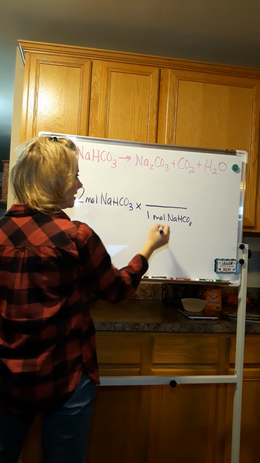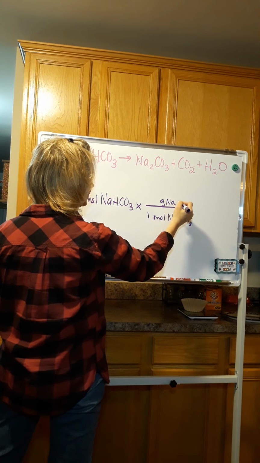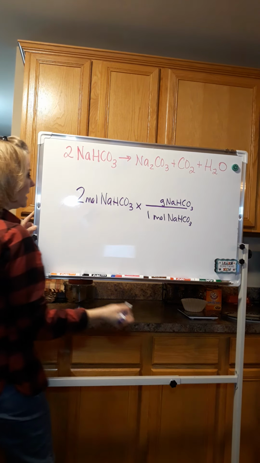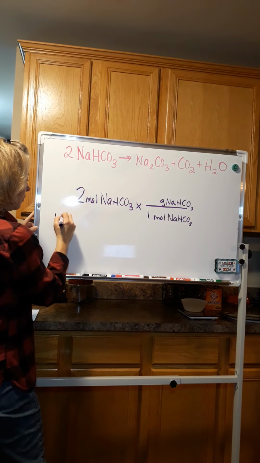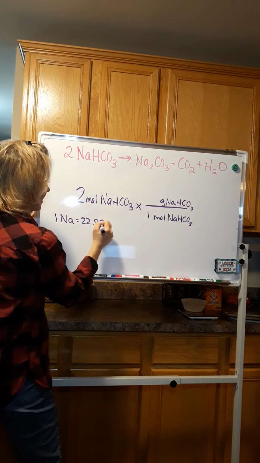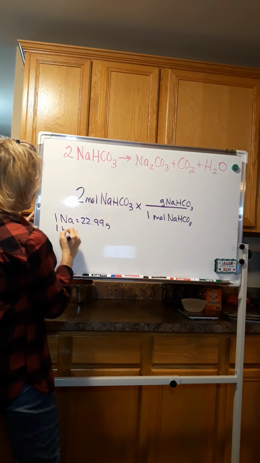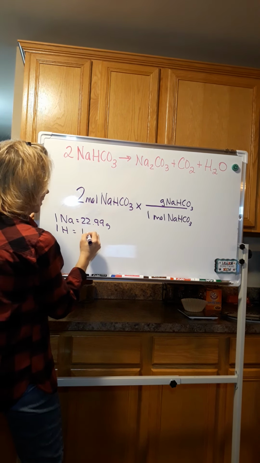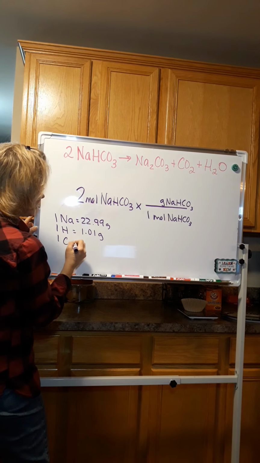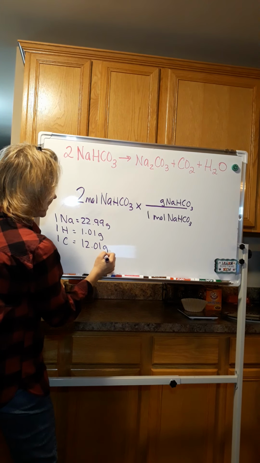1 mole of sodium bicarbonate, like I said, is equal to the molar mass in grams. So let's figure out what the molar mass of sodium bicarbonate is. I have 1 sodium, which is 22.99 grams. I have 1 hydrogen, which is equal to 1.01 grams. I have 1 carbon, which is equal to 12.01 grams.